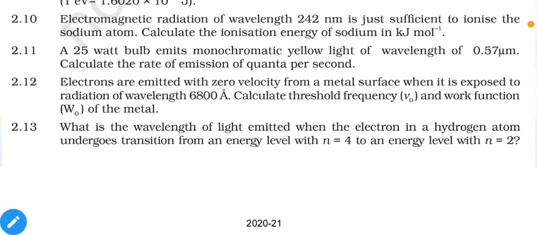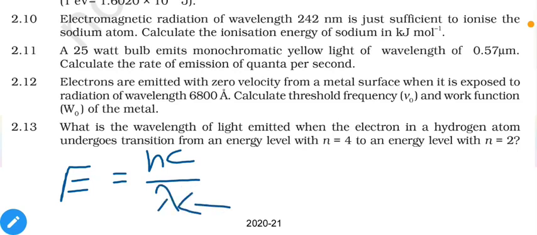Our first equation will be E = hc/λ. Use this equation and put the value of lambda in it, but keep in mind lambda is mentioned in nanometers and c will be used in meters. So convert lambda into meters first, then put the value and calculate.